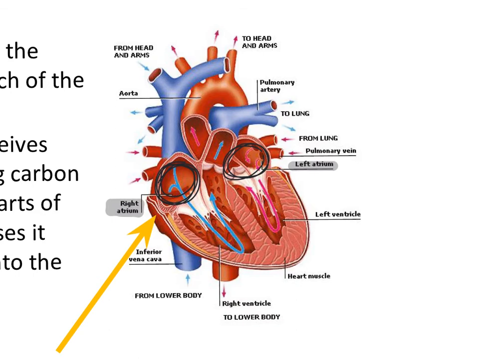So a heart is always drawn as if you're staring at the heart of someone in front of you. So that means that on the left side will always be the right atrium, because it's the mirror image of the heart that is currently in your body.